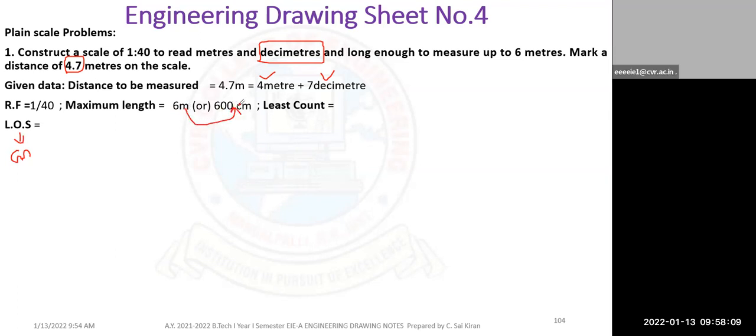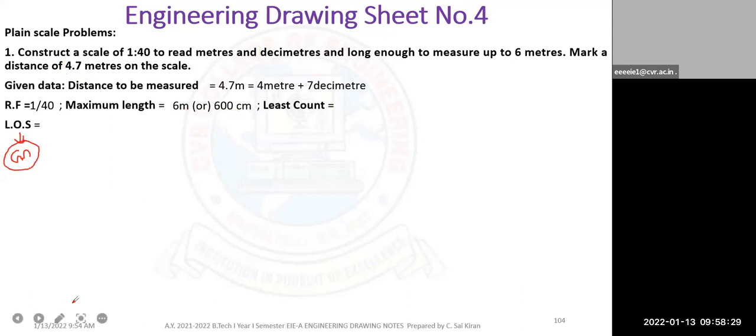You compulsorily have to use 600 centimeters as the maximum length, because on our drawing sheet we can draw in centimeters and we can't draw more than 100 centimeters. So we take standard units in centimeters.